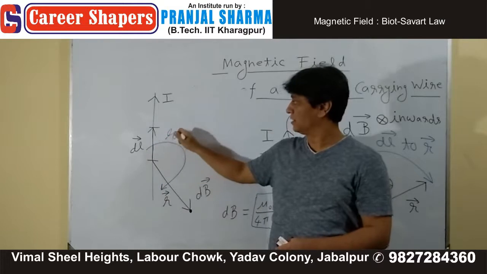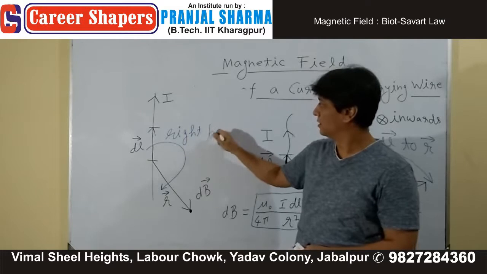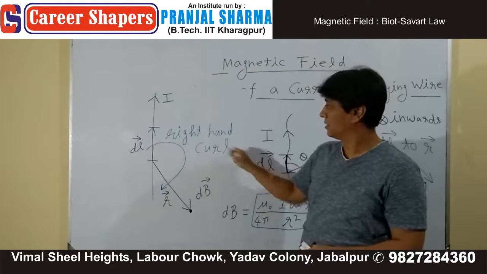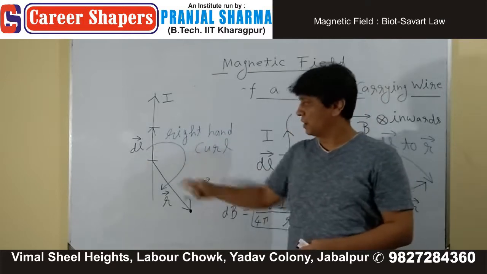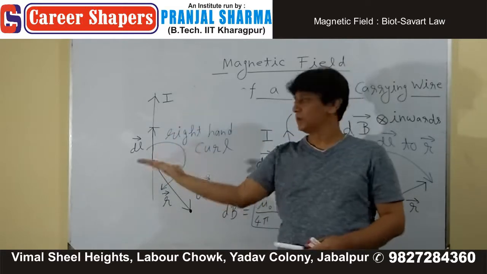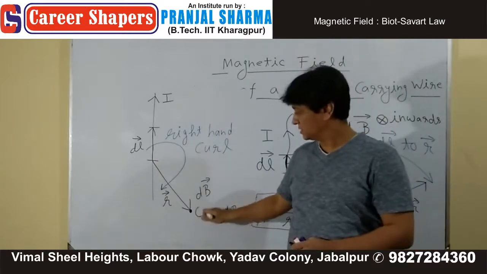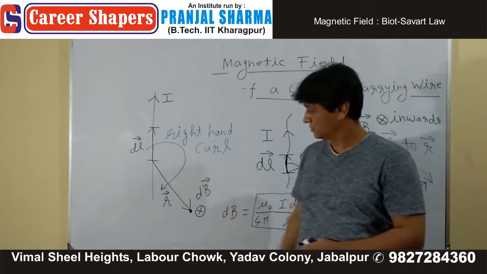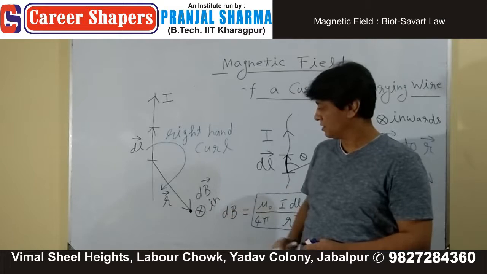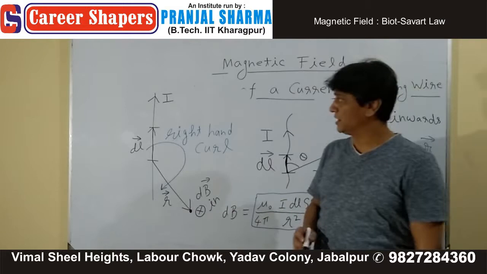Right hand curl from dl to r. When you make a curl like this, the thumb is pointing inwards. Inwards is this cross, or in. You can use cross, you can use in, or you can use minus k cap, doesn't matter.